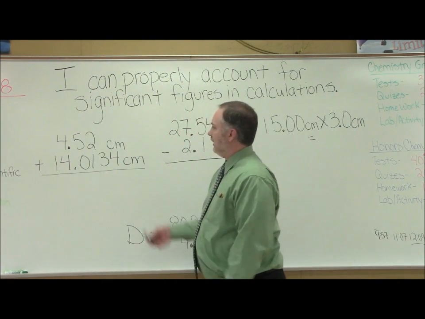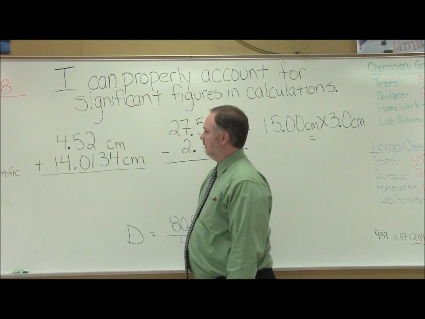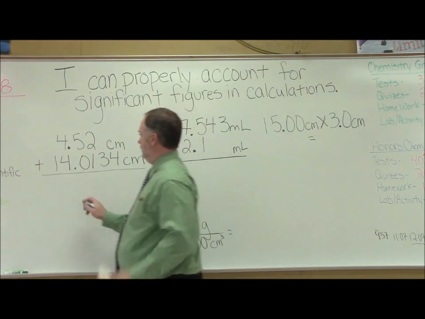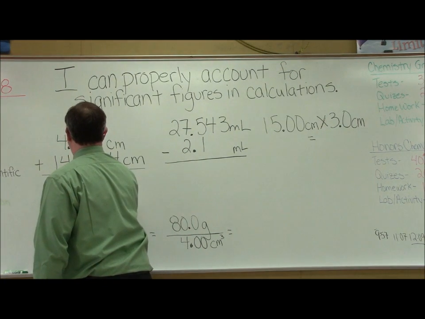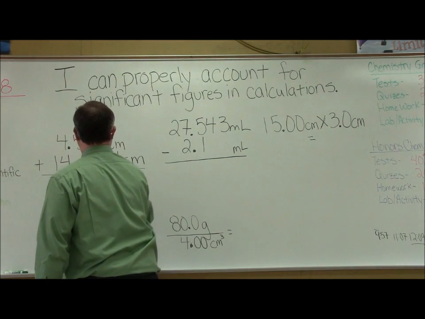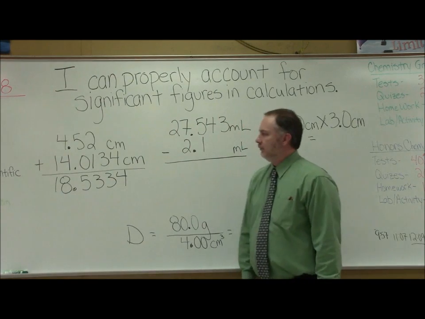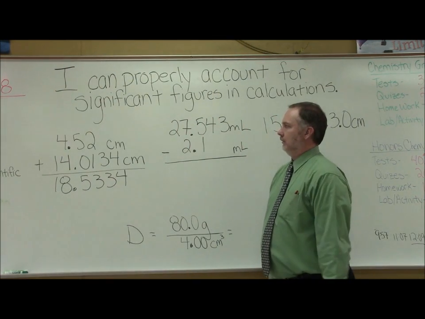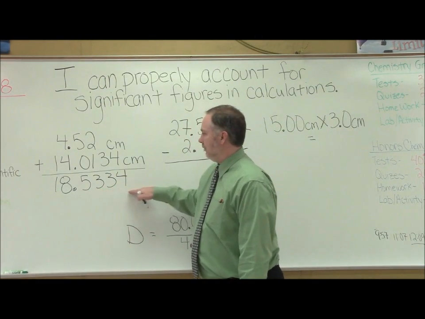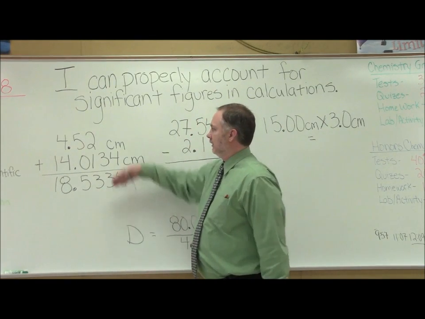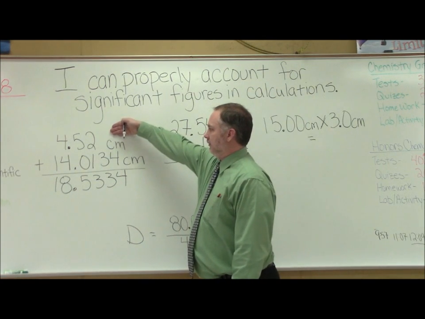So I'm going to add these 2 numbers together, and when I do, I get 18.5334. Here's the thing, I cannot keep all these decimal places because this measurement only goes to 2 decimal places.